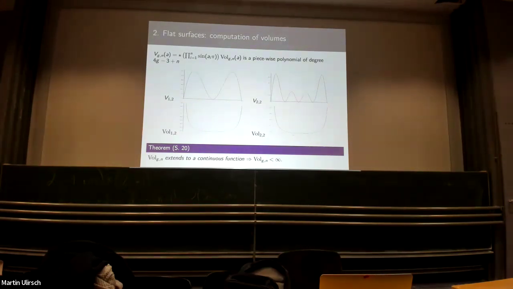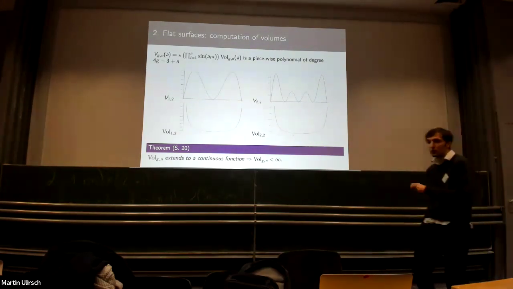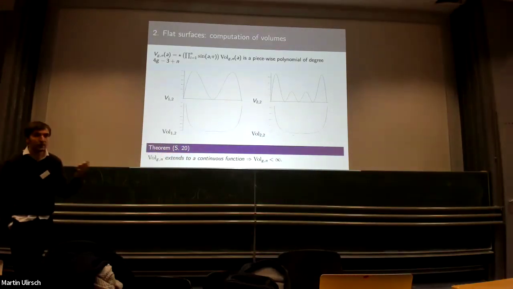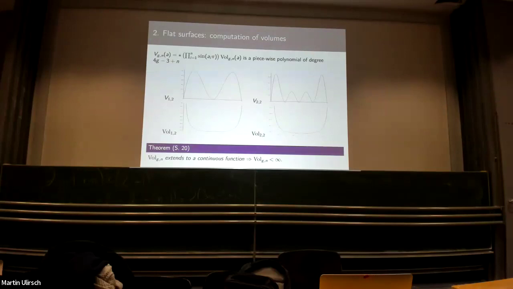Like Bee defined this volume, but he didn't know how to compute any of them. So even if you give me a real number, I know that it's finite because it has to be smaller than this function. The volume function is bounded by the continuous extension of this.